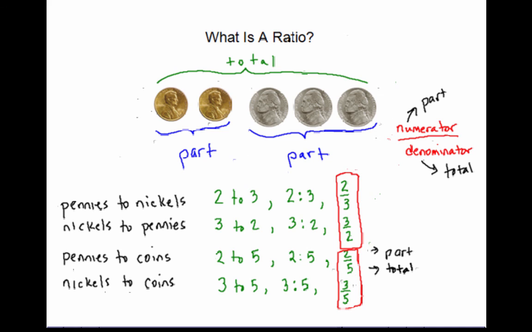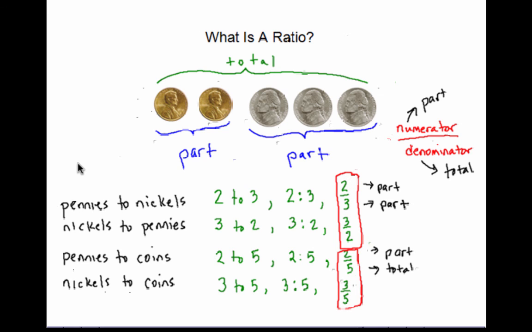But in our part-to-part ratios, the numerator represents a part, and the denominator also represents a part. So we can't say that pennies are 2/3 of the total coins, and we certainly can't say nickels are 3/2 of the total number of coins.